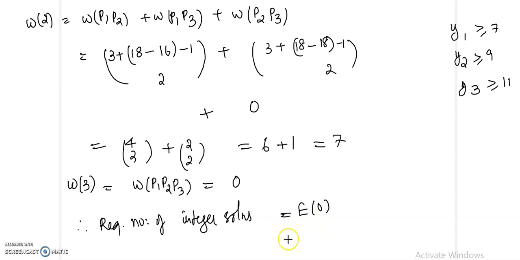The cardinality of S was 190, so 190 minus 169 plus 7 minus 0. This will give the number of integer solutions, which will be equal to 28. So the required number of integer solutions will be 28.